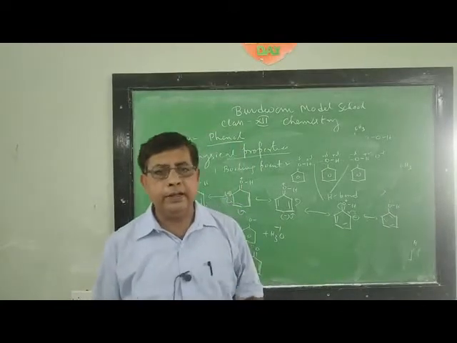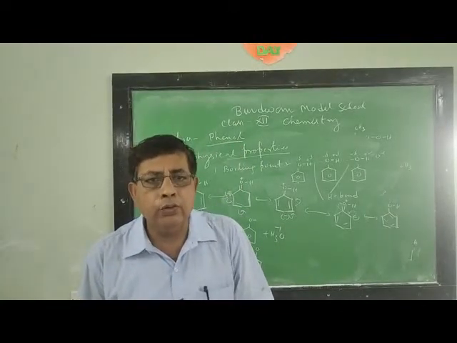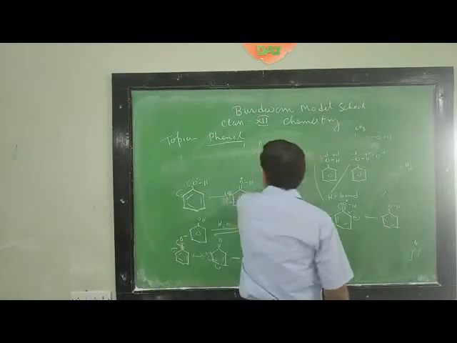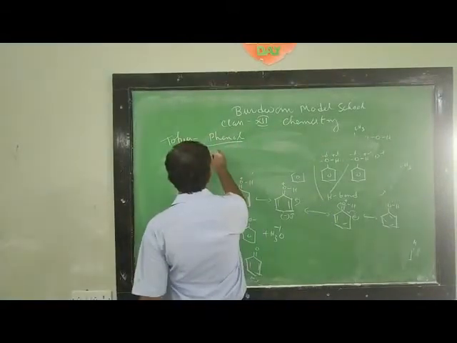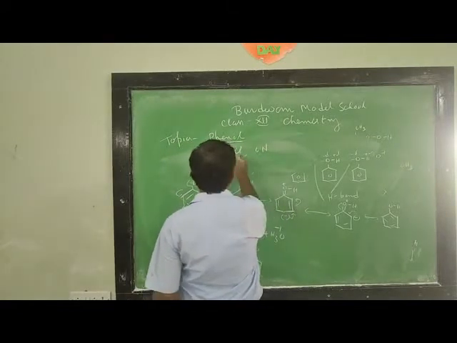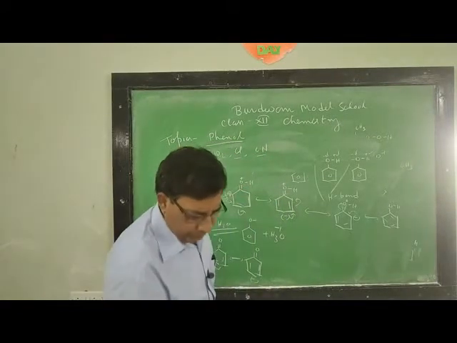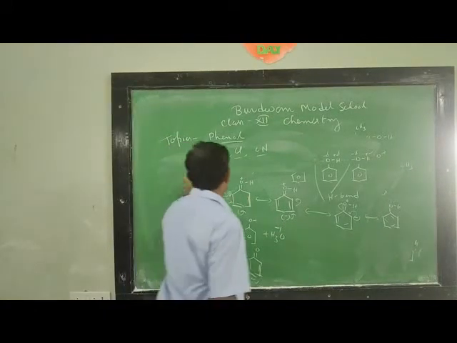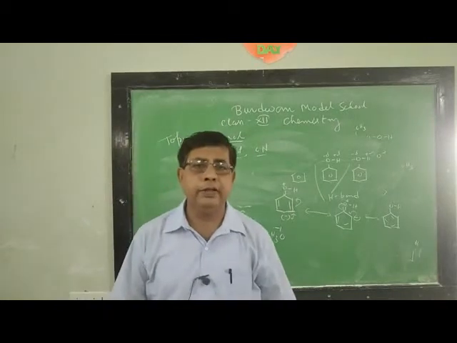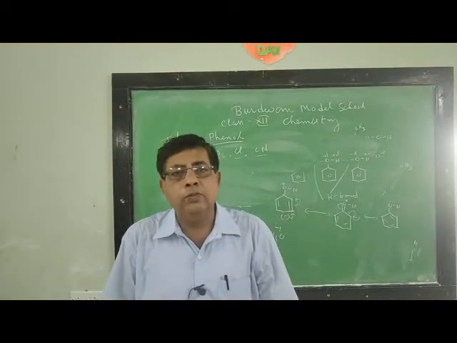Now the acidic character of phenol increases if some electron withdrawing groups are present in the benzene ring. Say electron withdrawing groups such as NO2, Cl, CN. If these groups are present in the benzene ring, then the acidic character of phenol increases because they withdraw electrons from the benzene ring, making the phenoxide ion more stable.